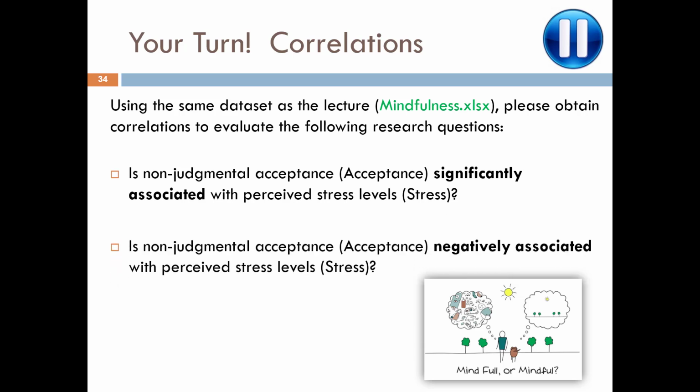The other question is, is acceptance negatively associated with perceived stress level? So once again, hypothesizing that maybe another facet of mindfulness, in this instance acceptance, may be negatively associated with stress. And so go ahead and run your correlation test in RStudio, and then let me know what you found out.